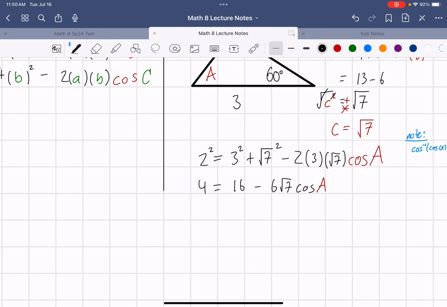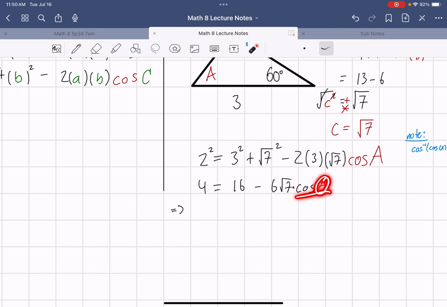That should leave you with, so we skip a couple of algebraic steps, right? We subtract over. This is going to divide. Now notice when we subtract this over, it's going to leave us with a negative, but we're going to divide because here, this definitely means multiplication. Now right here, cosine of A, this is composition.